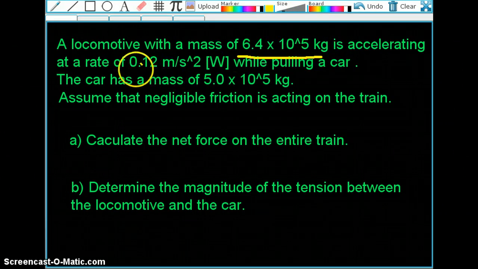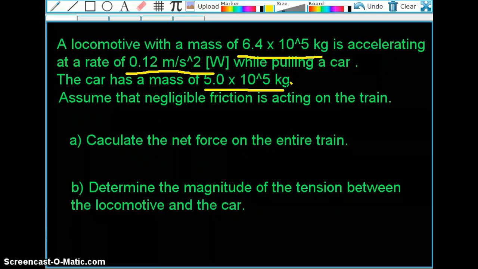And another piece of given information, it's accelerating at 0.12 meters per second squared west. In addition, it's pulling a car, and we're also given the mass of the car, so it's 5.0 times 10 to the 5 kilograms. So, in my opinion, we have all the information needed to continue on with part A of the question. So let's get right into it.